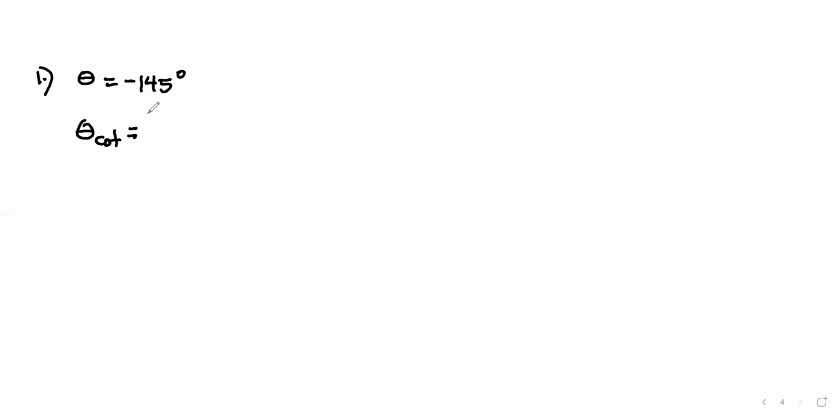To get the coterminal, we can add 360 degrees to negative 145 degrees, which means the coterminal of negative 145 degrees, when we simplify, is 215 degrees. Now we can easily identify what quadrant it is in. 215 degrees is in the third quadrant, right?